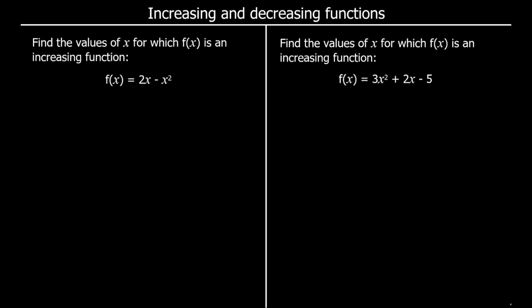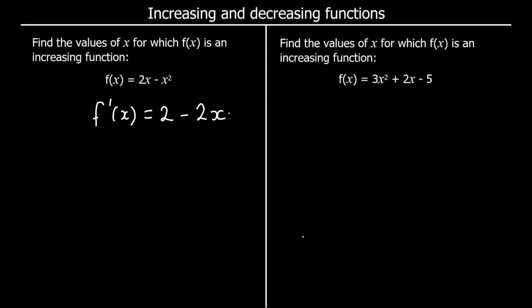Let's find the gradient. So the gradient function, if we've got the notation f of x, our gradient function, f dash x or f prime x. Let's find the gradient. Times by the power, take one off the power. So we're going to have 2 minus 2x. That's our gradient function.